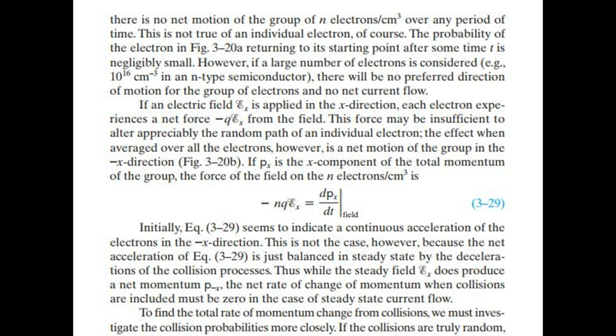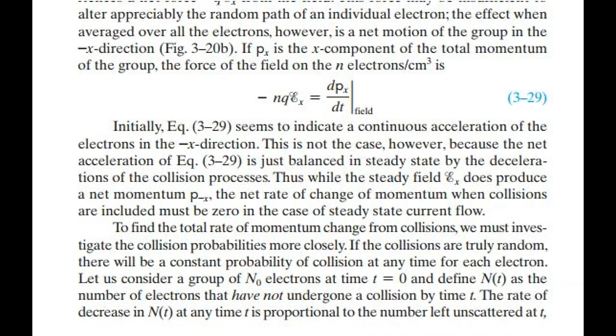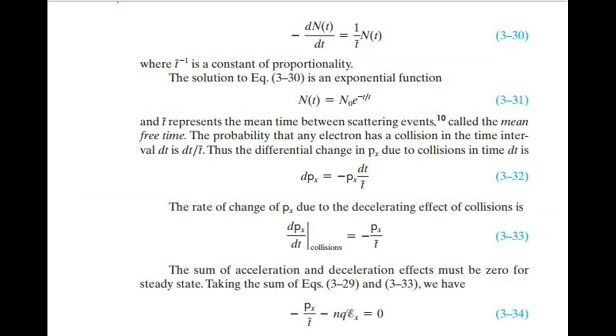If the collisions are truly random, there will be a constant probability of collision at any time for each electron. Let us consider a group of n0 electrons at time t = 0 and define n(t) as the number of electrons that have not undergone a collision by time t. The rate of decrease in n(t) at any time t is proportional to the number left unscattered at t, where 1/τ is a constant of proportionality.